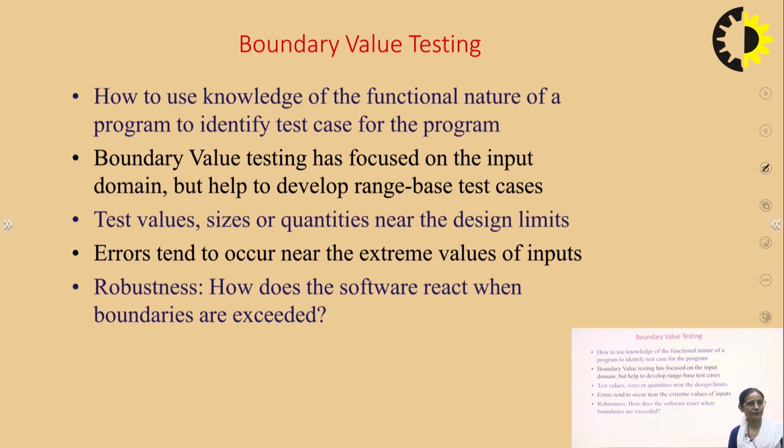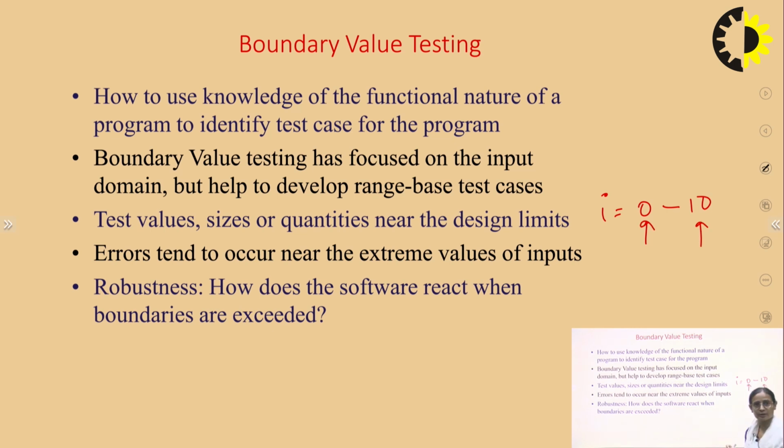So what is boundary value testing? It uses the knowledge of the functional nature of a program to identify test cases for a program. Boundary value testing focuses on the input domain but helps to develop range-based test cases. For instance, if I am giving a number from 0 to 10, then the boundaries are 0 and 10.